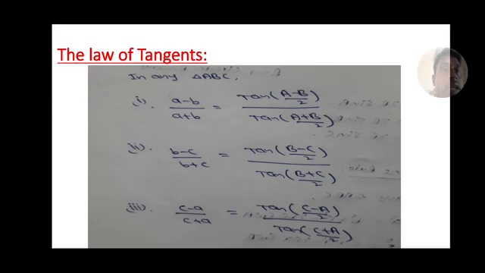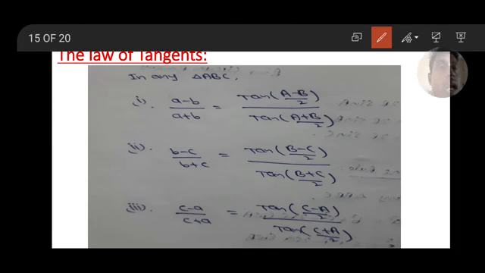Next, the law of tangents. The law of tangents says that in any triangle ABC, (a − b)/(a + b) = tan((A − B)/2) / tan((A + B)/2). Here tan is of angles, and a, b are lengths of sides.